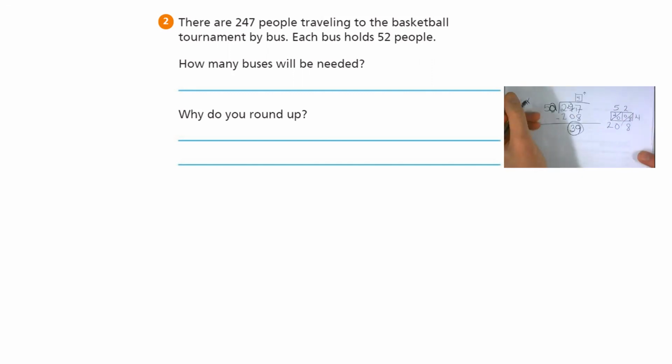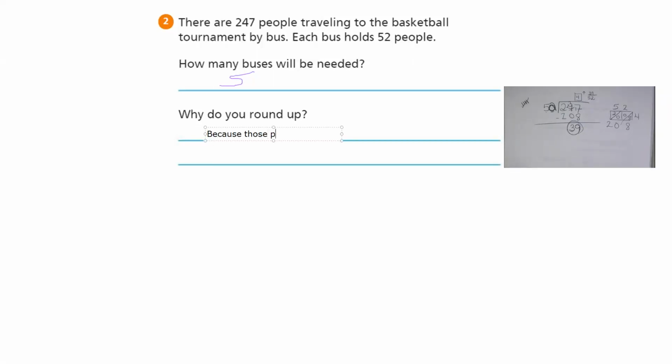So the real answer of 247 divided by 52 is 4 with the remainder of 39. But the answer to this is 5, right? It's 5. And why do we round up?